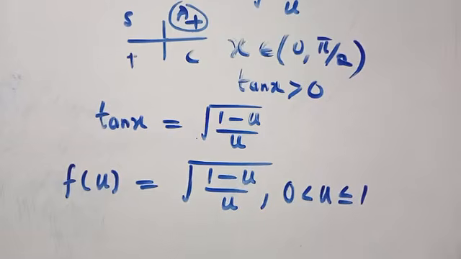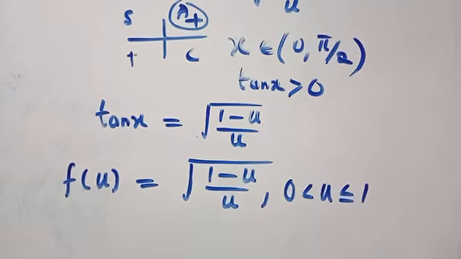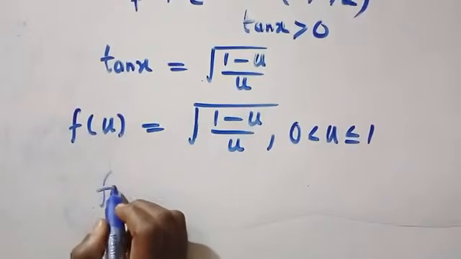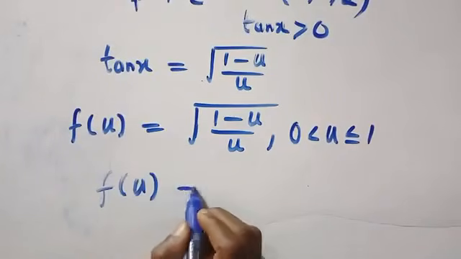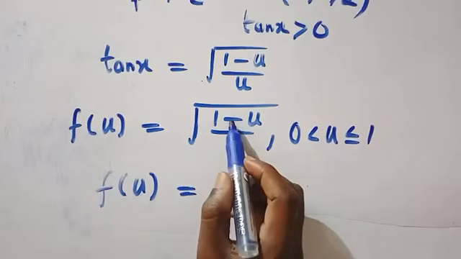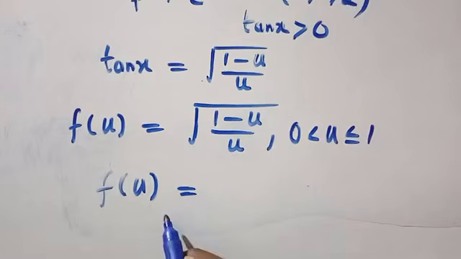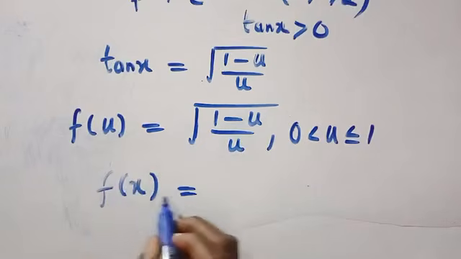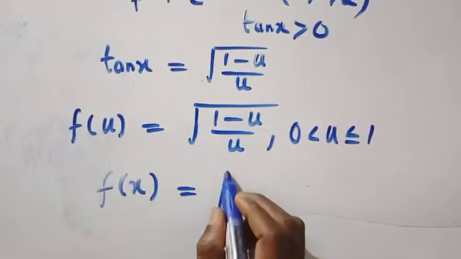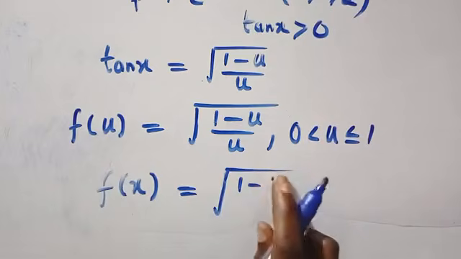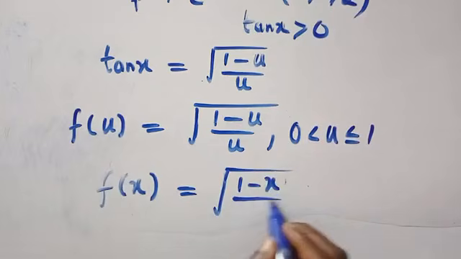So since we know that, we're now going to conclude that f of u equals the square root of 1 minus u divided by u. And changing the u to x, we have f of x equals the square root of 1 minus x divided by x.